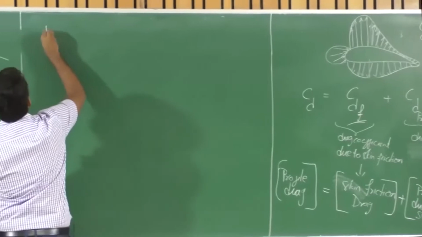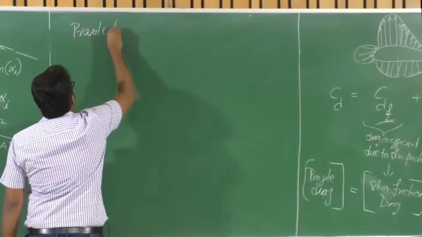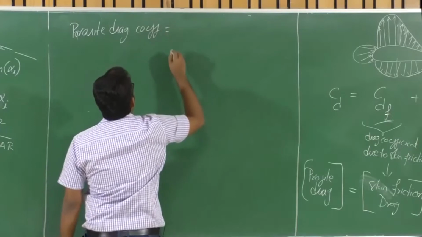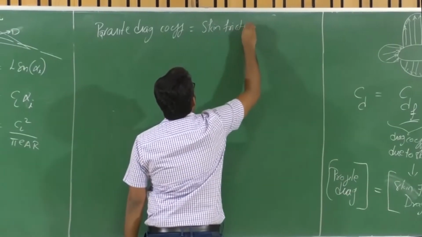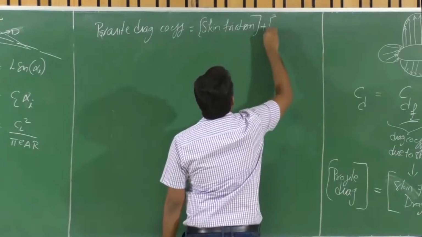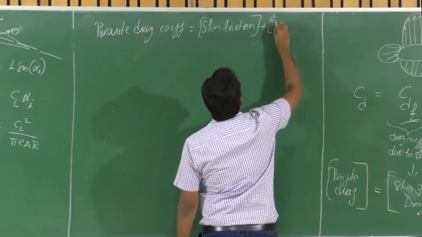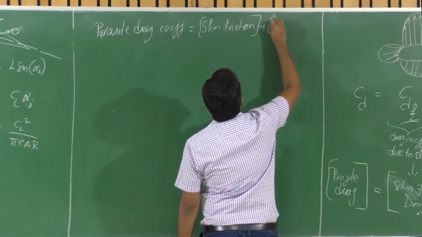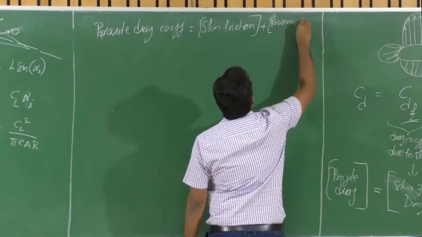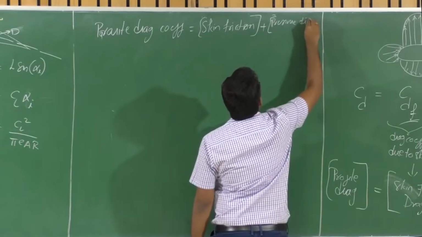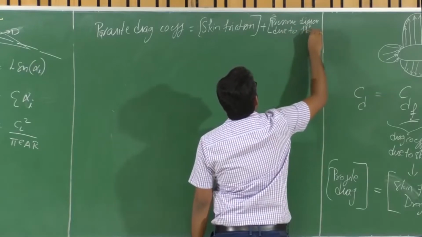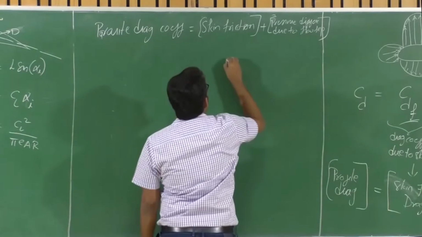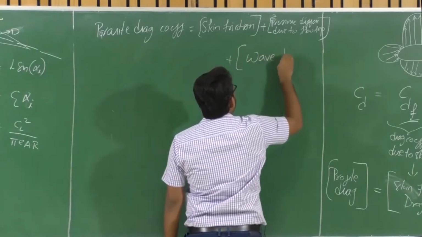So these three put together are called parasite drag coefficient, which is equal to drag coefficient due to skin friction, drag coefficient due to pressure difference from flow separation, and what we have is wave drag, right?